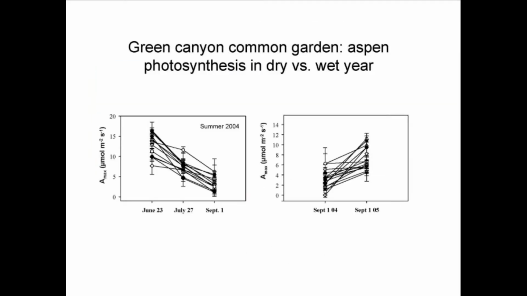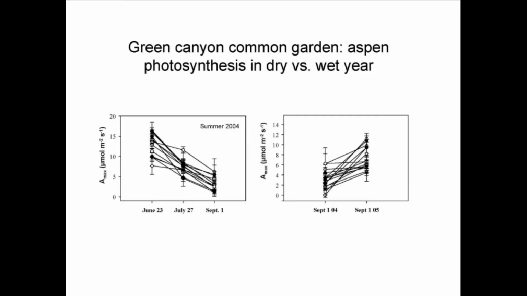And here's some photosynthesis data we collected in the summer of 2004, which was a very dry summer. If you look at photosynthesis among the 20 clones over the course of the summer, you get a decline in stomatal opening, conductance, that then impairs the ability of the leaves to photosynthesize. And what was interesting is the winter of 2004-2005 was actually a pretty good winter, and so we believe it recharged the soil moisture.